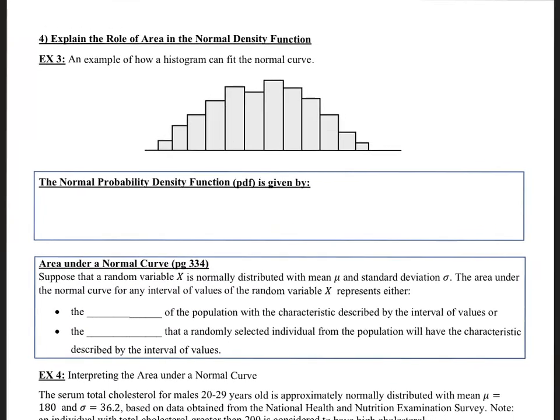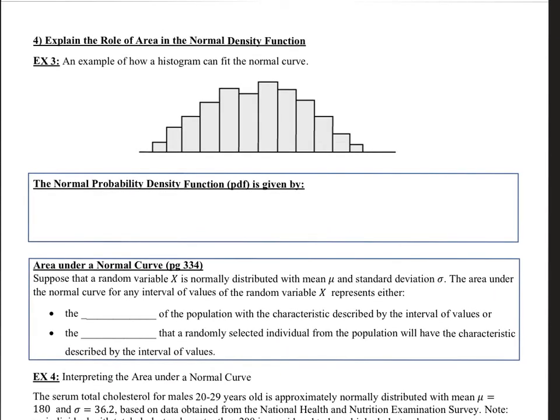Now let's take a look at a small quick example for how a histogram can fit the normal curve. If you want a more in-depth example for this one, you can go ahead and read in your textbook. I believe it is on page 333. But basically, if you have a histogram, we can go ahead and approximate it to fit the normal curve like so.